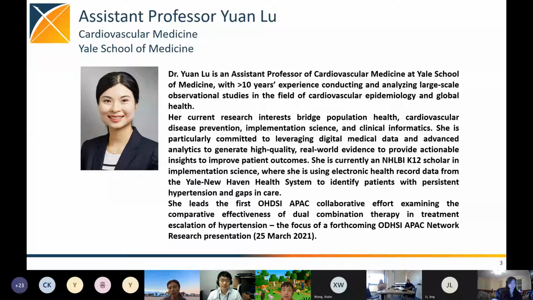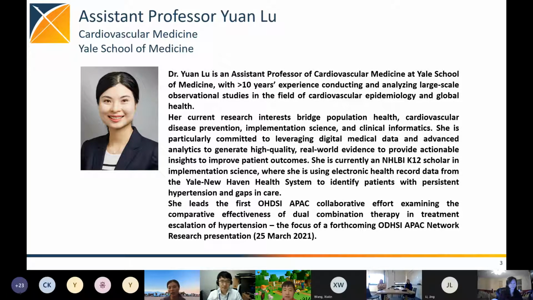I came to Yale after I graduated from my PhD, did the postdoc, and then transitioned as a junior faculty. My recent research interest really transitioned to clinical informatics and connected this with population health and implementation science.